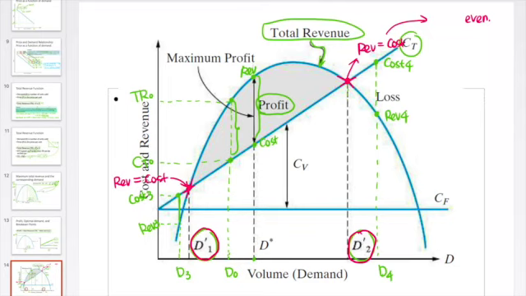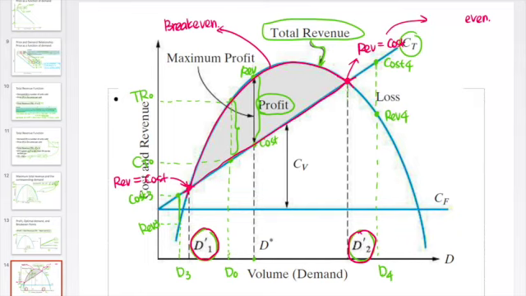And the area in between, the gray area, okay, this area, we call it break even, because that's where you break the even case. You have higher revenue, you have positive profit.